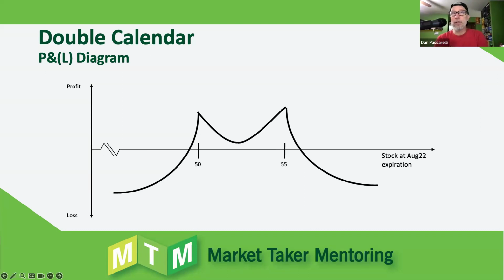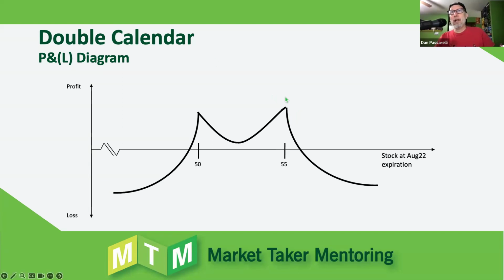What if it's between the two? Right now, the stock's at 51 in this hypothetical example. If the stock is at 51, I'm sitting kind of pretty. If it retraces, I still make money. I probably won't make as much as I would have made.